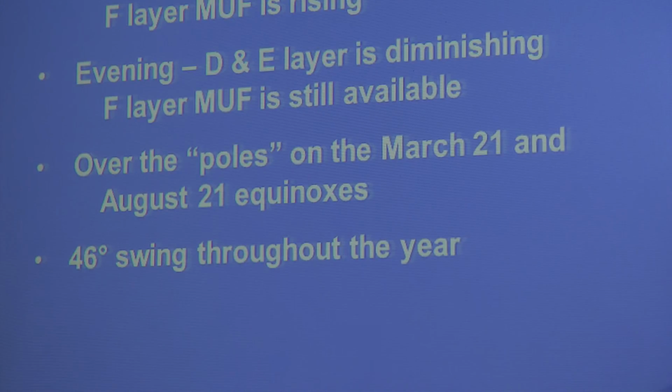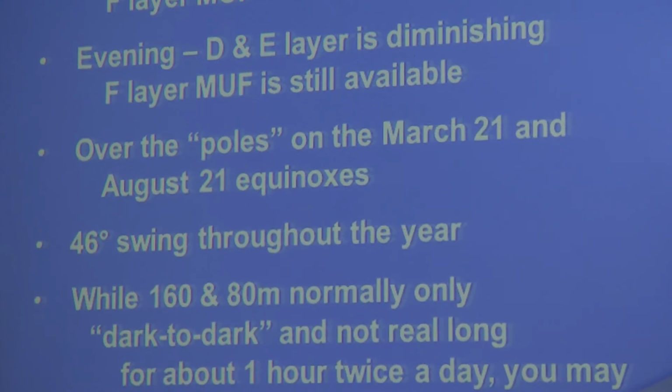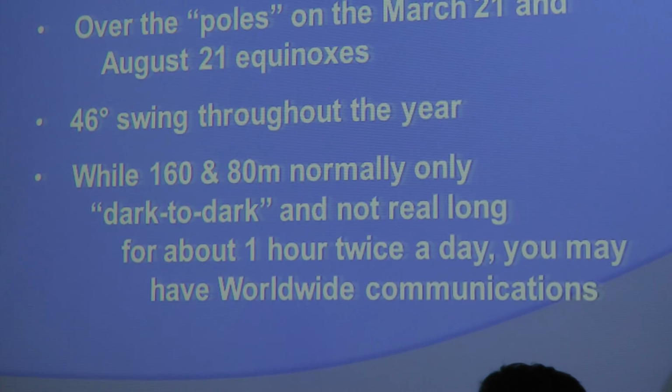It doesn't change dramatically, but it'll slowly change every day throughout the year. While 160 and 80 meters is normally only dark to dark, for about 1 hour twice a day, you may have worldwide communications down gray line.